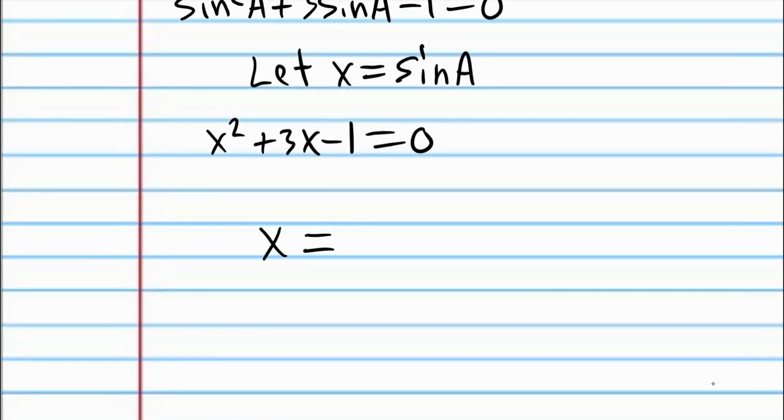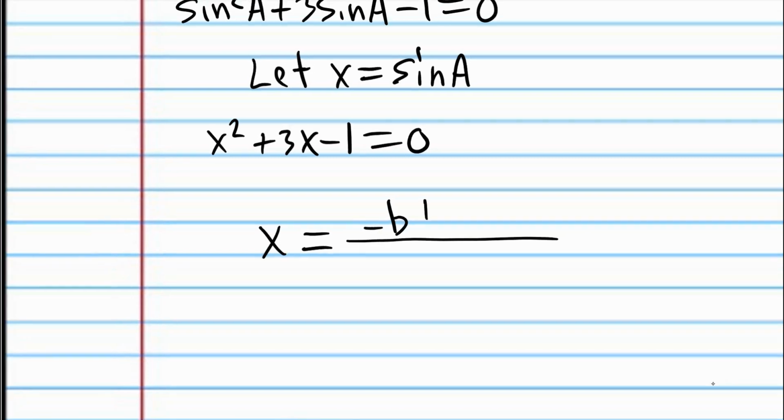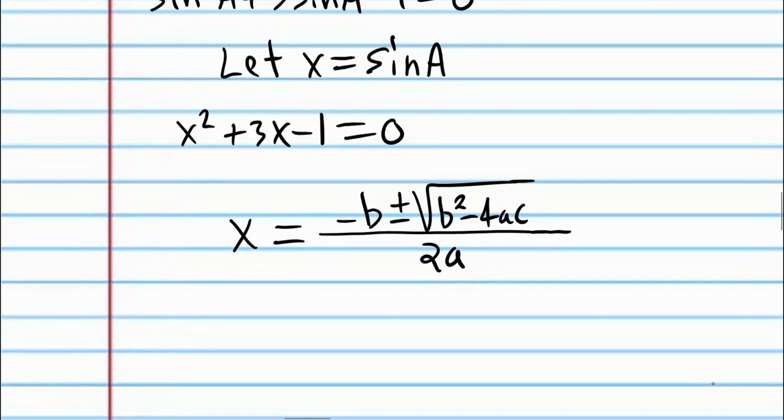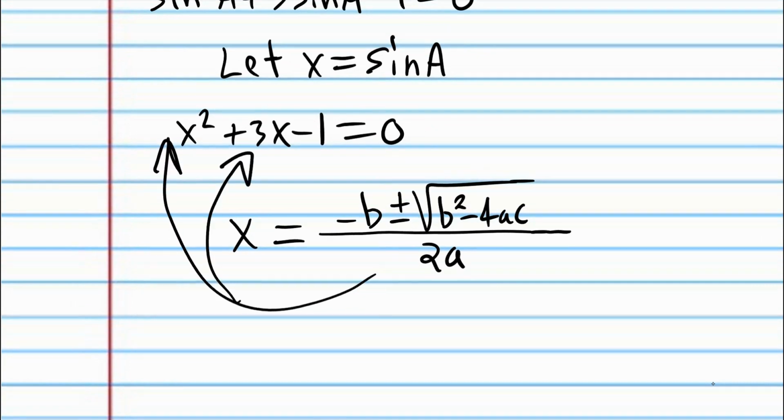We know that if we have a quadratic equation, x is always equal to negative b plus or minus root b squared minus 4ac, all over 2a. And a is 1, b is 3, and c is negative 1.